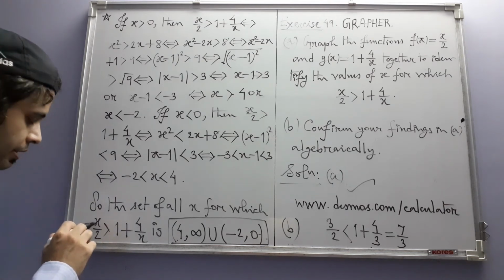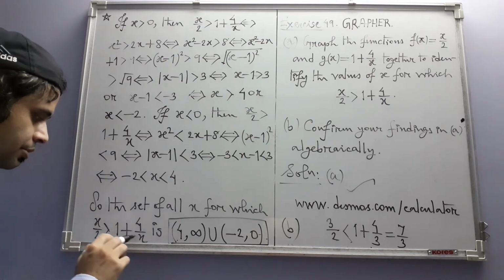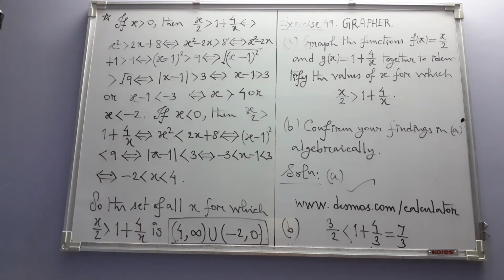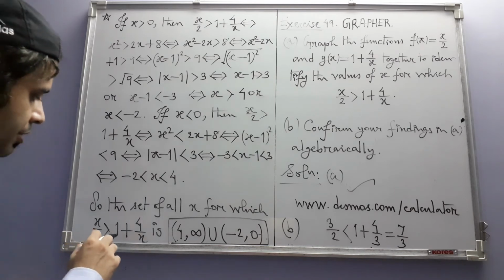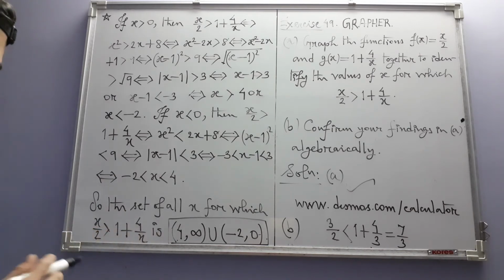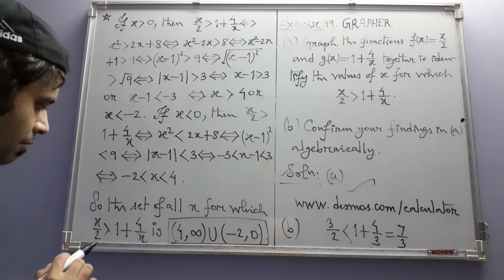If x is 10, then 10 by 2 is 5. On this side we have 1 plus 4 by 10, which is a number lying between 1 and 2, and clearly that is less than 5. So we have no problem with this.